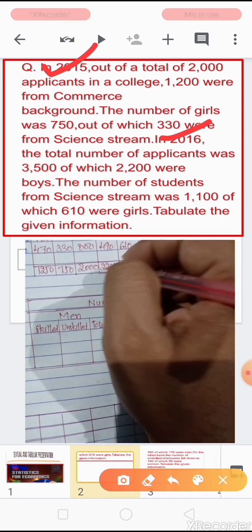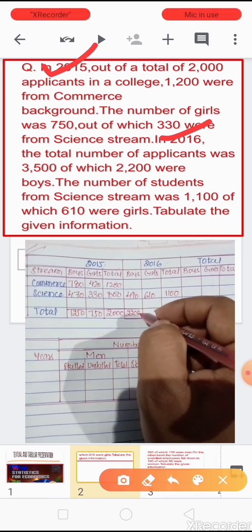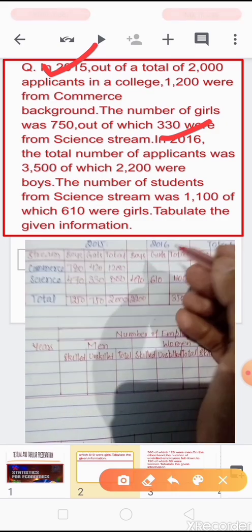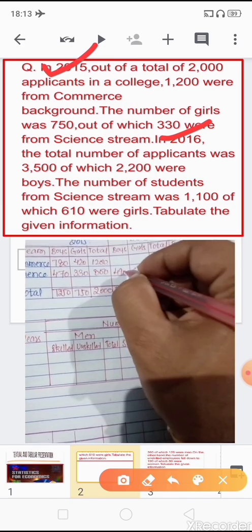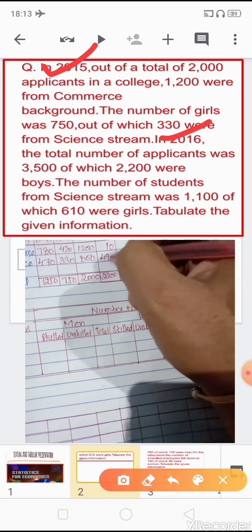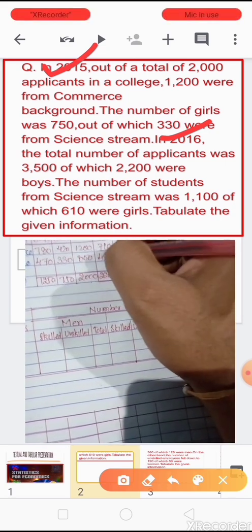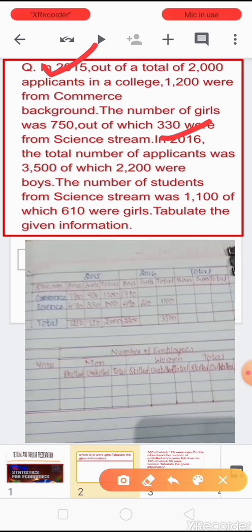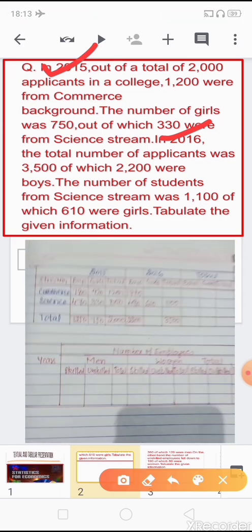So if 2200 were the total number of boys studying in the year 2016, out of which 490 are in science, the remaining boys are studying in commerce. So we subtract this value from this value, so it becomes 1710. So 1710 were the boys who were studying in the year 2016, especially in commerce.